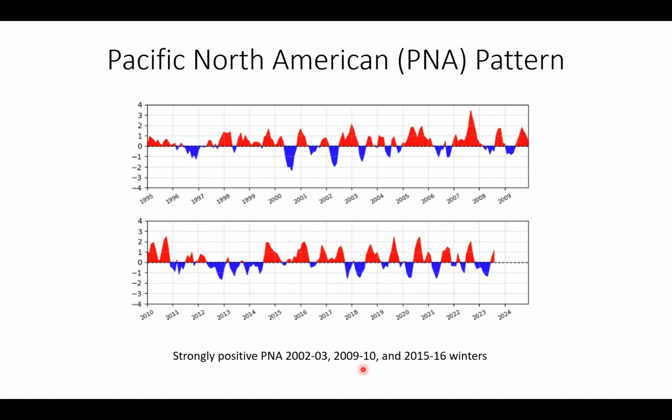If we look at 2009-2010 a little bit more in depth, late 09 into early 2010, again, we have these red little peaks, this red coloring, for those particular months, indicating that positive PNA. And then in the 2015-16 winter season, we had it again. Look at the end of 2015 into December, and then January, February, we had a strongly positive PNA.